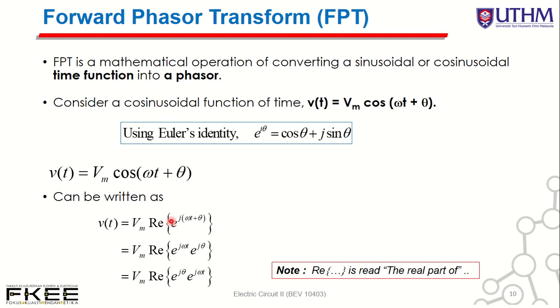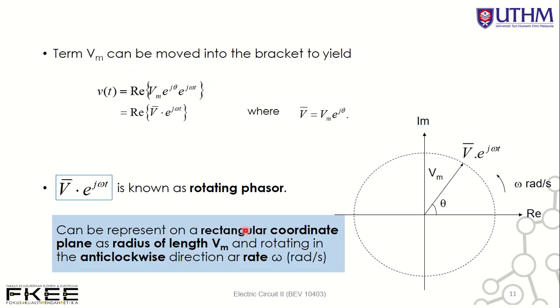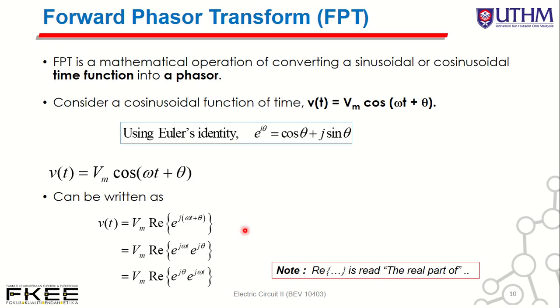By using Euler's identity, this cos function can be converted to the exponential function. We solve this equation and we have two exponentials: e^(j theta) times e^(j omega t).